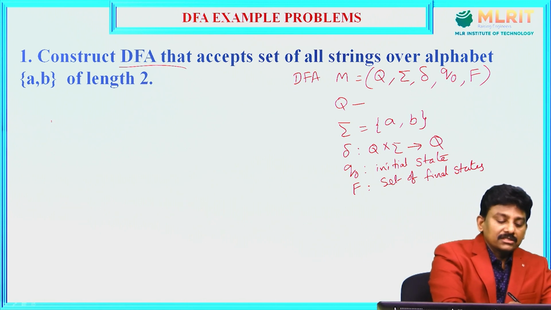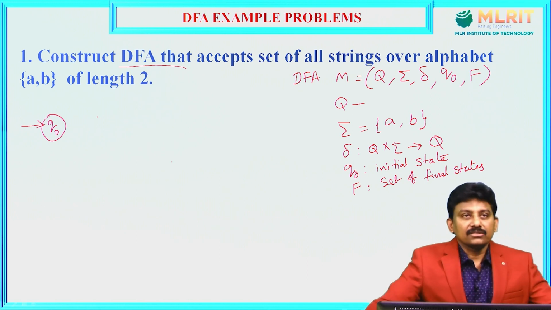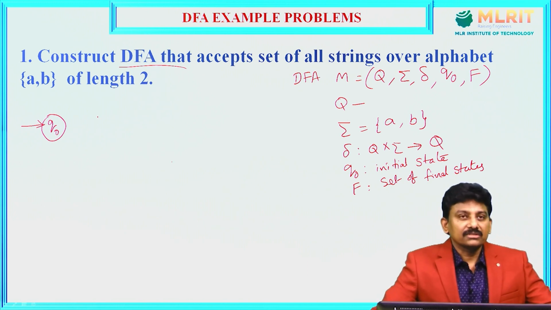For that, we need to draw the state diagram, the transition diagram, for this DFA. The initial state is Q naught, shown with a small arrow coming towards the state.